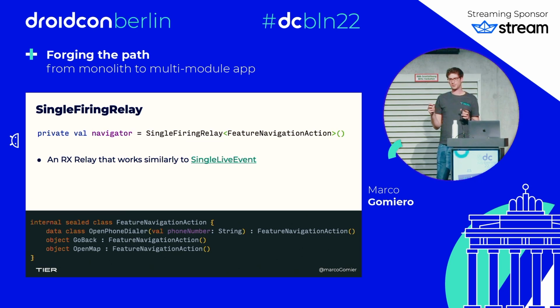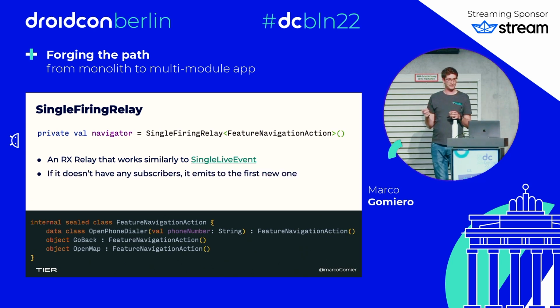This custom implementation is needed because we don't want to randomly trigger navigation when it's already ended. So with this setup, if the navigator doesn't have any subscriber, then we emit the state to the first new subscriber.